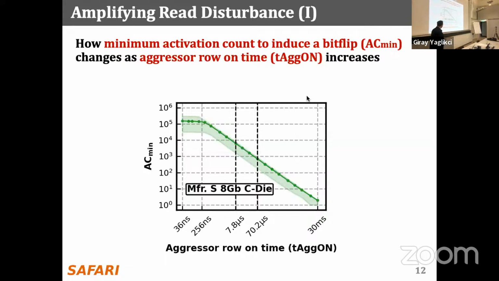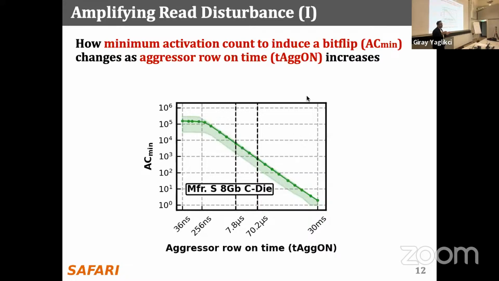It specifies for how long we keep the row open before we send the precharge command. From left to right, it increases from 36 nanoseconds to 30 milliseconds. And we mark some important points. 7.8 microseconds and 70.2 microseconds are important points because you need to send a refresh.